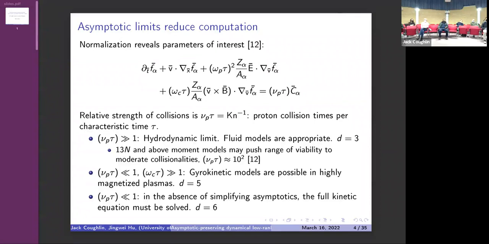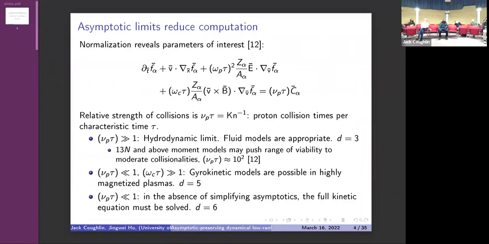Sort of interesting and special to plasmas is the case where you're strongly magnetized, and there you can actually average over a single orbit of the cyclotron motion. That lets you reduce the dimensionality by 1, and that's pretty widely used for magnetic confinement devices.